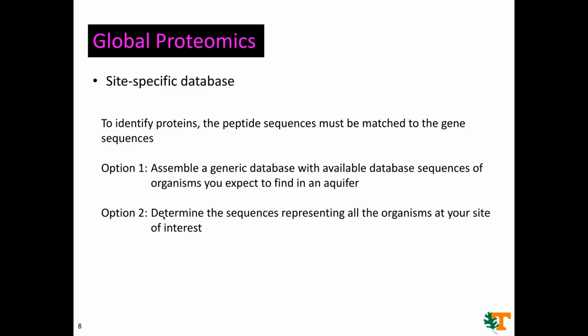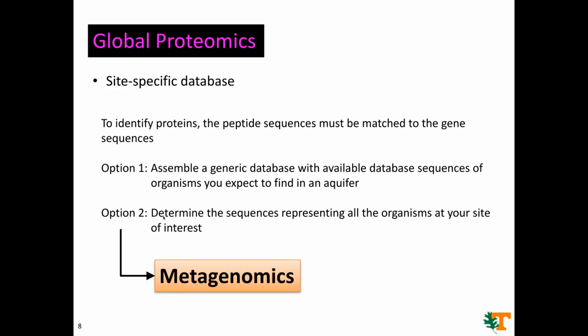The bottom line is proteomics only works well if you have a good understanding about the gene sequences that encode for your proteins of interest. And in order to get this information, we have a very good approach called metagenomics. So metagenomics can make the proteomics approach much more meaningful. And now I'm going to talk briefly about metagenomics.